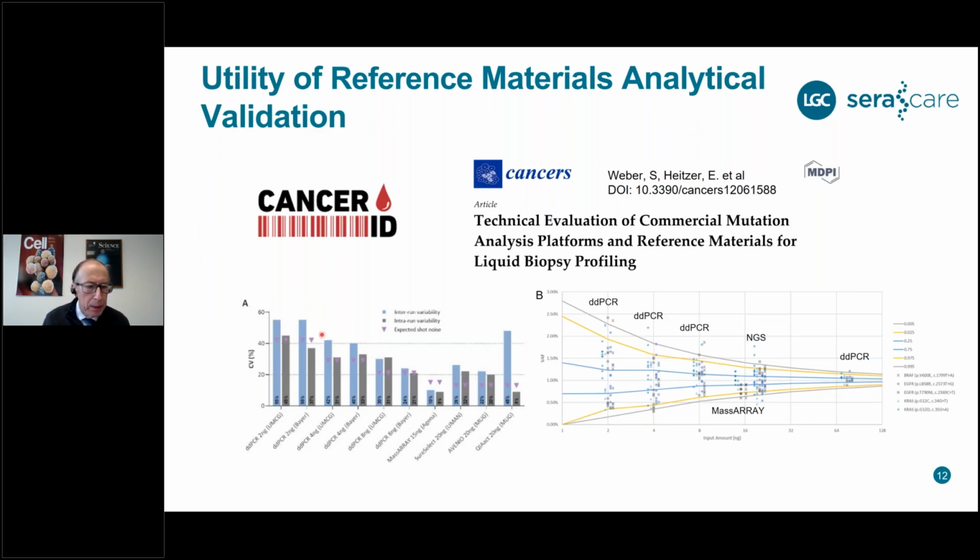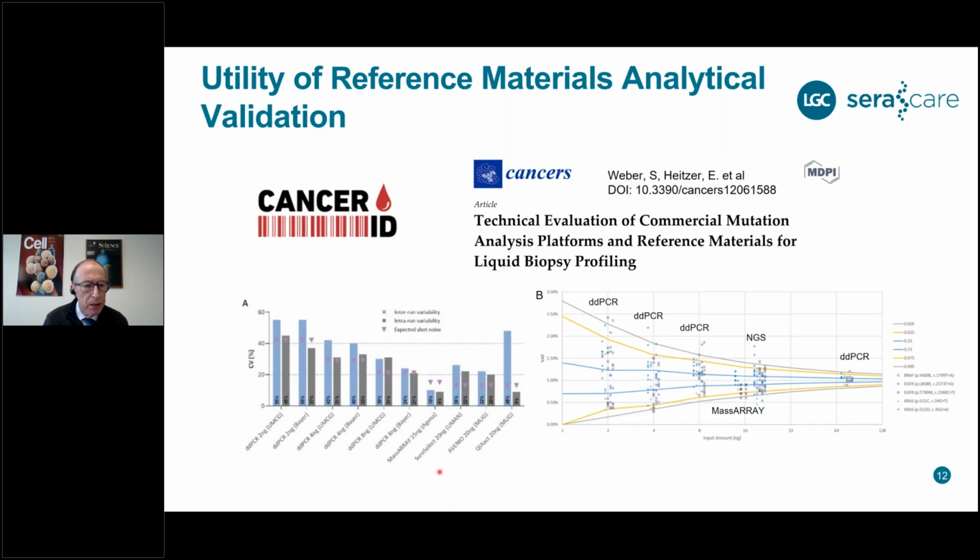And we actually looked at the inter-run variability and the intra-run variability across digital PCR assays at different levels here at 2 nanograms, 4 nanograms, 8 nanograms, and then compare that to the GeneReader assay, the MassARRAY, and then at some high throughput high genomic content assays, the Illumina assay, QIAGEN assay, and SureSelect too.